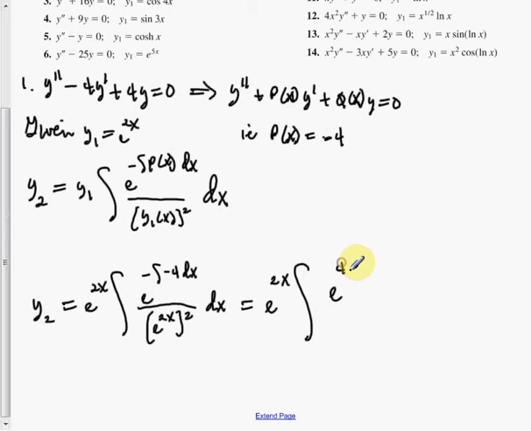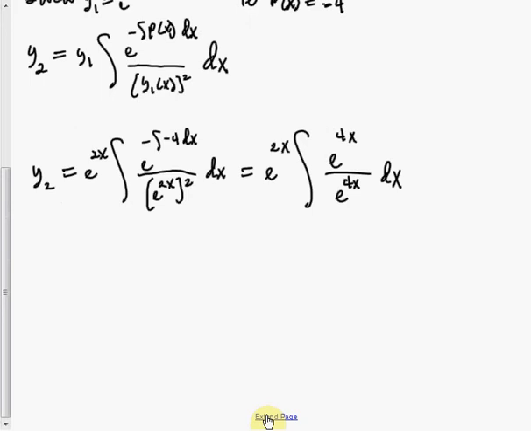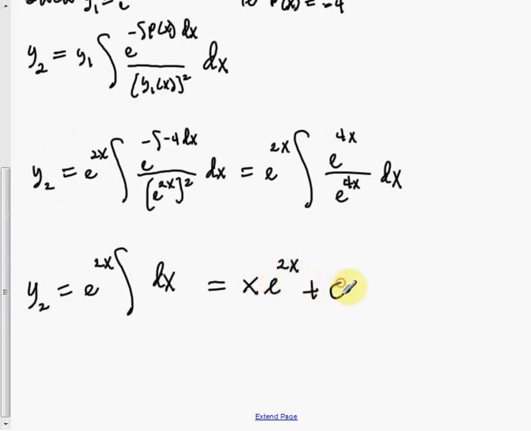That just gives us 4x. And this is divided by e to the 2x squared, which is e to the 4x, dx. So y sub 2 is e to the 2x times the integral of dx. So this gives us x times e to the 2x plus some constant.